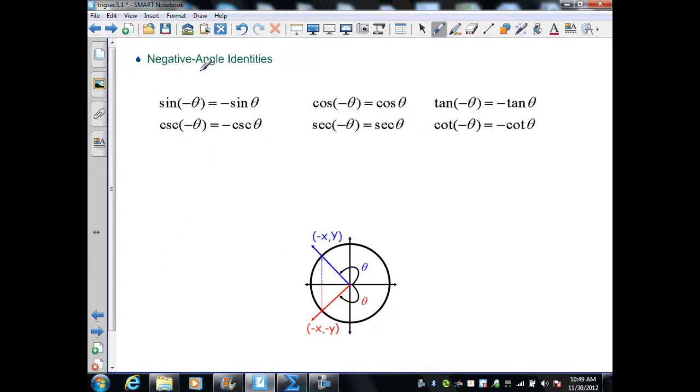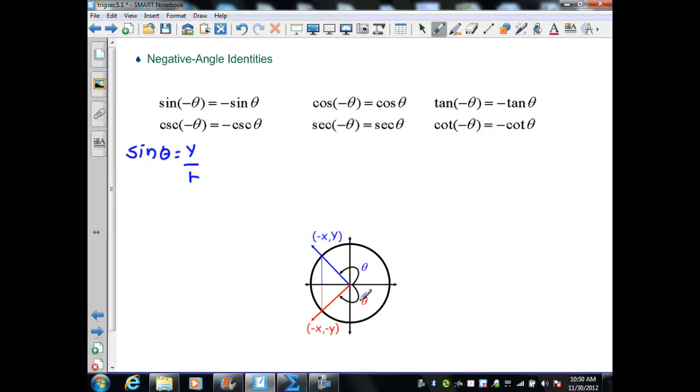Next, let's consider negative angle identities. In the diagram, I have a positive theta and a negative theta on our unit circle that generate points on our circle. I can identify sine theta. Sine theta is going to be opposite over hypotenuse, which is y over r.